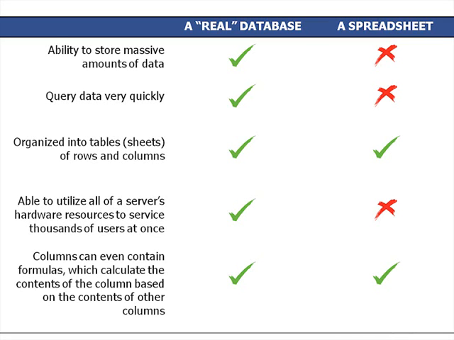For example, a student might have a grade point average or GPA column that's calculated by reading the individual grades that have been assigned to that student. A spreadsheet can do much the same thing. So while there are similarities between a spreadsheet and a real database, a real database can do much more. It's designed to quickly access massive amounts of data on behalf of many different users at the same time.